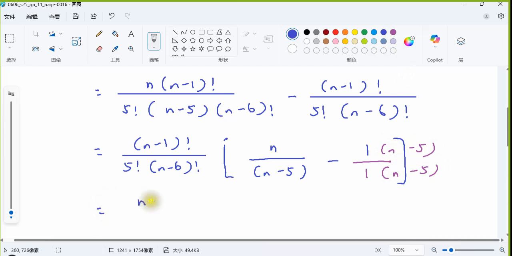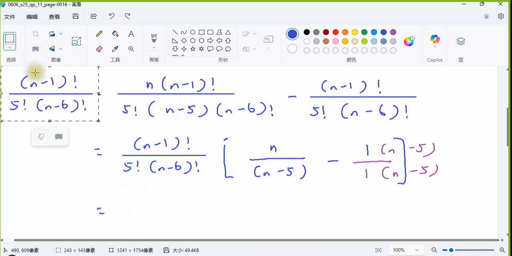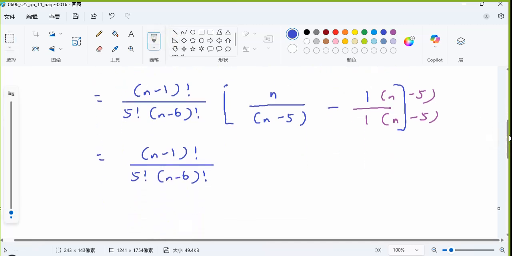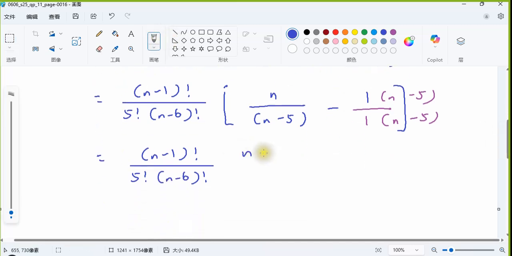Then we will have (n minus 1) factorial. So this one multiplied with n minus n plus 5, over (n minus 5).